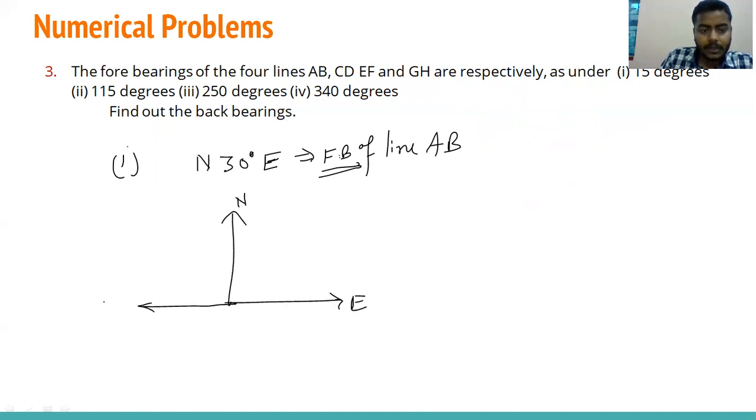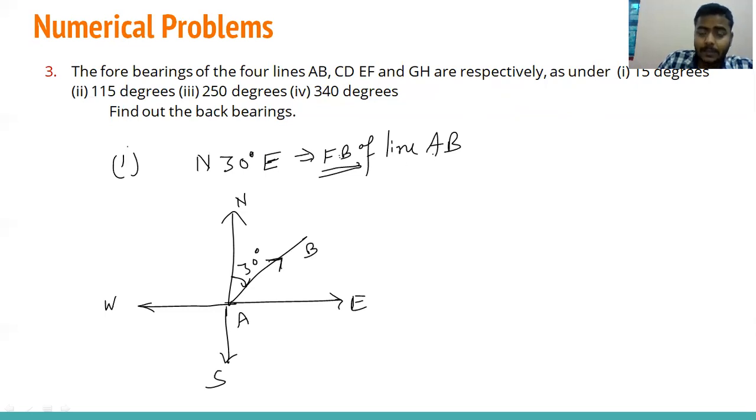You can draw north, east, west. This is south. With the north, this angle is 30 degrees. So we can say north 30 degrees. Now the progress of the line from A to B is like this. This is the fore bearing of the line. So what will be the back bearing?